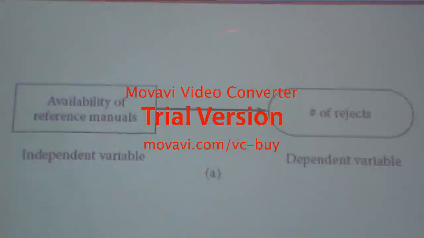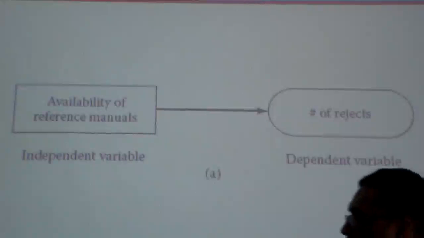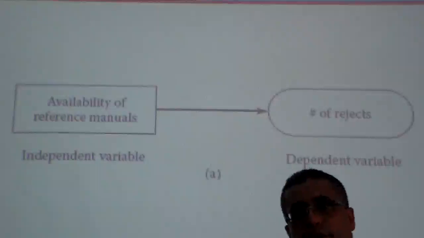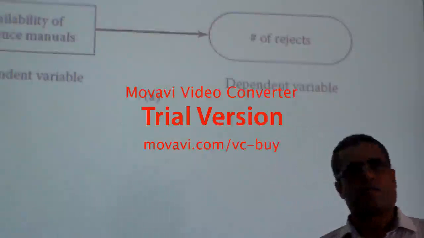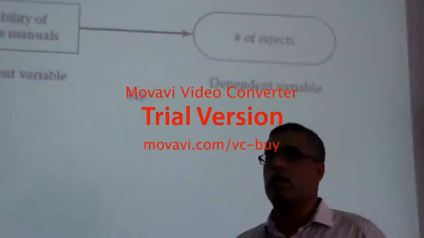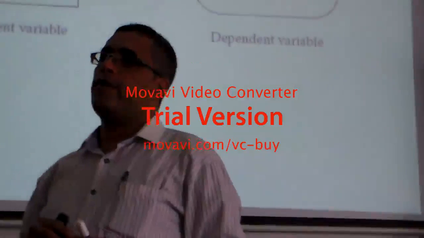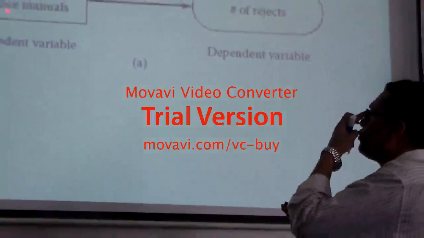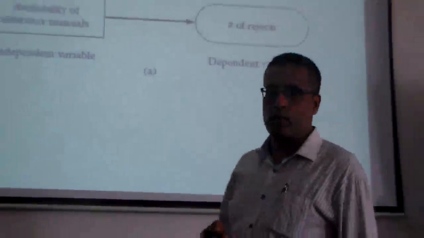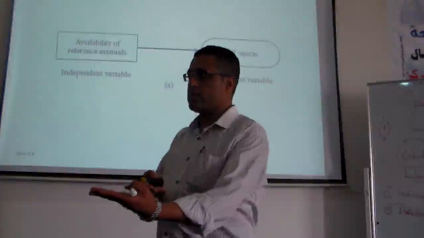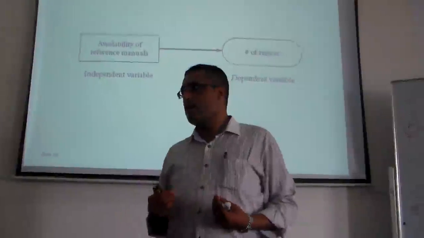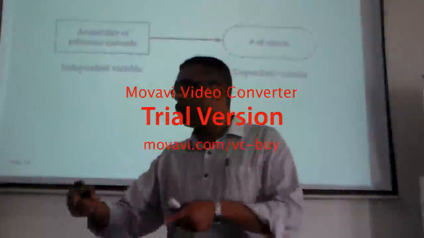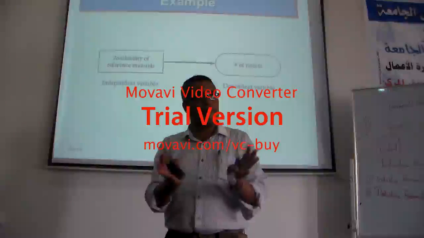Okay, first we need to understand the situation. Let's have a factory. This factory is producing some products. We have different employees. Some employees need to see the reference manuals. You know what the reference manuals are? The instructions. They are producing some pieces and they need to look at the diagrams to build the product.